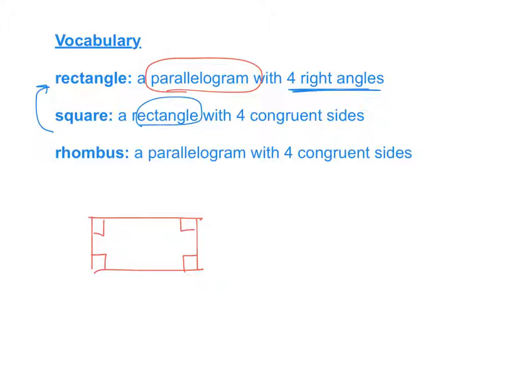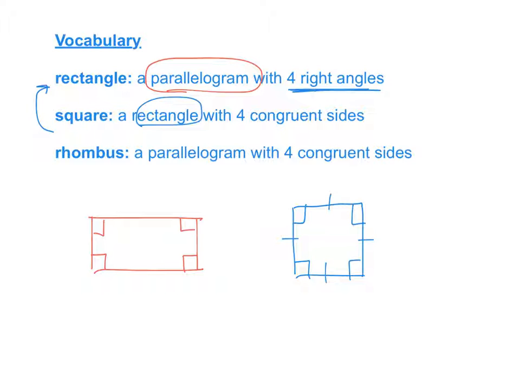What does congruent mean again? Equal. So I know it needs to be a polygon, so it needs to be a closed figure. It needs to have 4 sides and 4 angles because it's a quadrilateral. It needs to have 2 sets of parallel lines, right? It needs to have 4 right angles. And I can show that all 4 sides are congruent by drawing those tick marks.